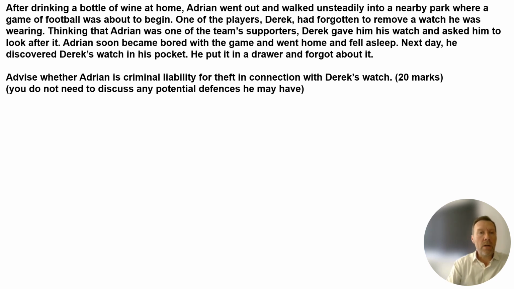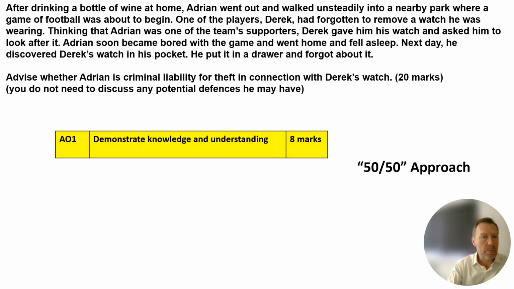Right, okay, now on to technique. There's generally two ways you can approach a problem question like this. The first is what I call the 50-50 approach. Don't be too swayed by the actual figures there, but what I mean is an answer in two parts or two halves. As you probably know, you have to do the AO1 content for a law problem question.